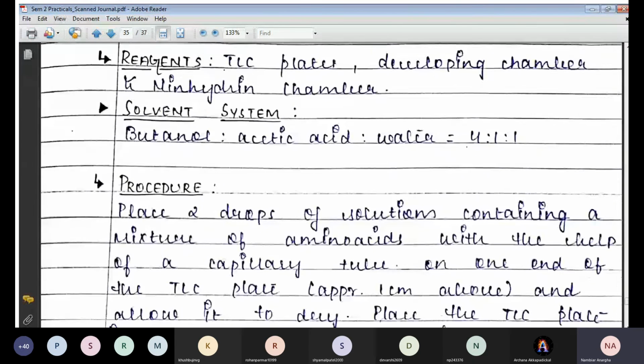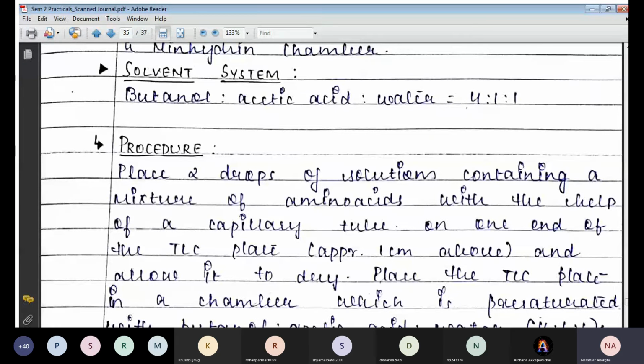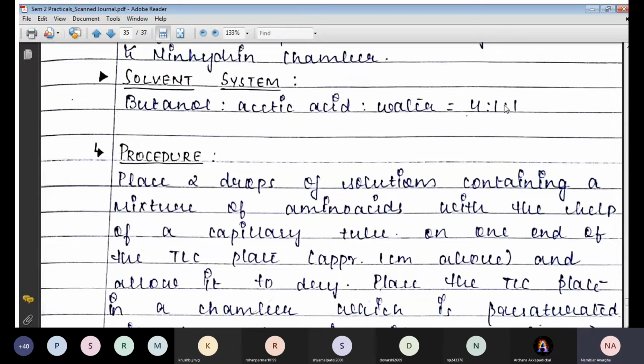We keep it for pre-saturation of the solvent system. Meanwhile we do all the spotting on the TLC plate. Once it is done, we place our TLC plate in the solvent system and allow it to run. Once that is done, we take out our TLC plate and allow it to dry.